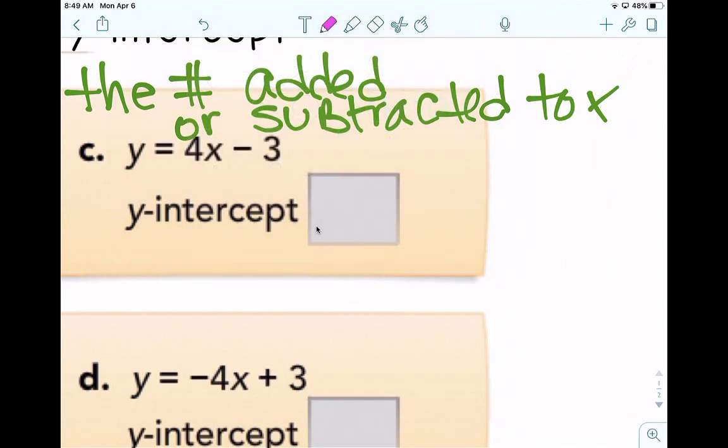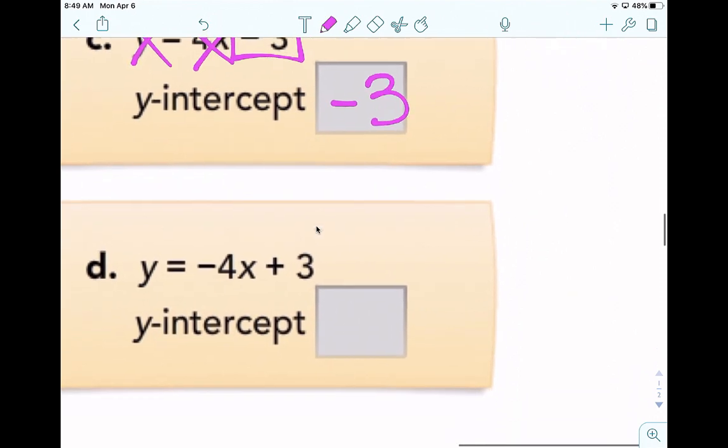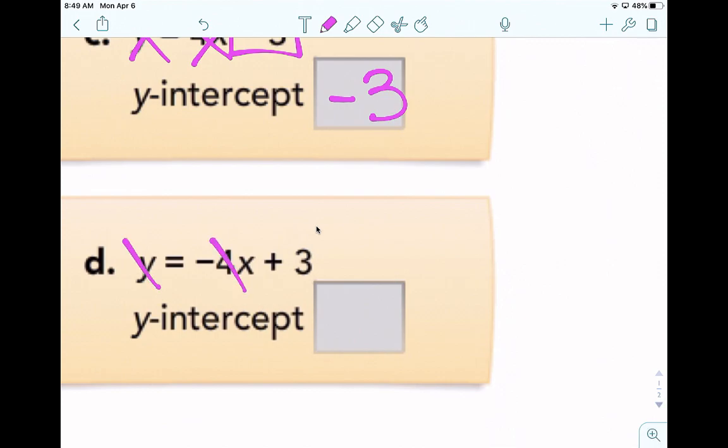So it's not the y, it's not the x, it's what you have added or subtracted. In this case, it's -3. So you need to put what the operation is. If it is subtracting, it's negative. But in this case, not the y, not the x, I'm adding, so it's a +3.